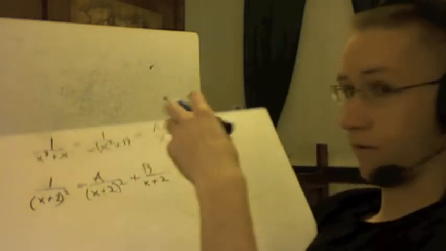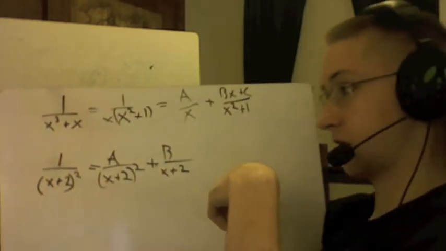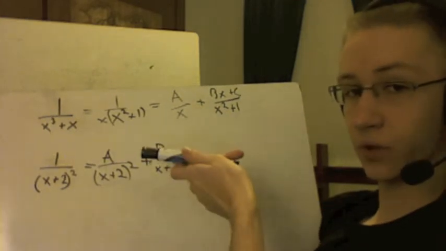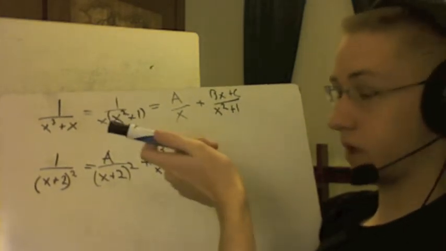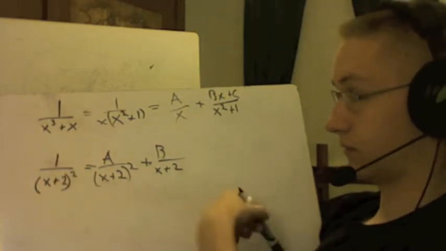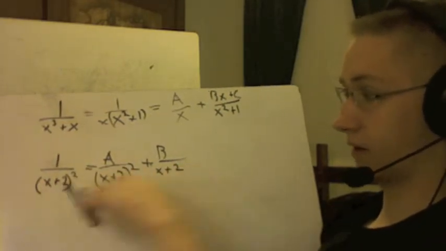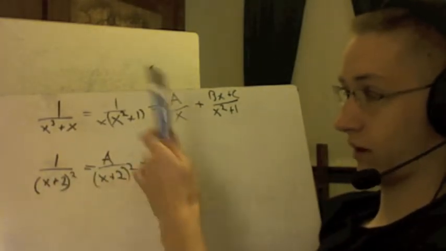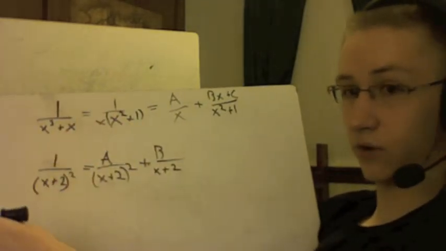First step, you got to factor the denominator. Then you got to separate it using these wonderful rules into smaller fractions. From there, you can then multiply the original denominator across both, and then solve for all your unknowns in the numerators.